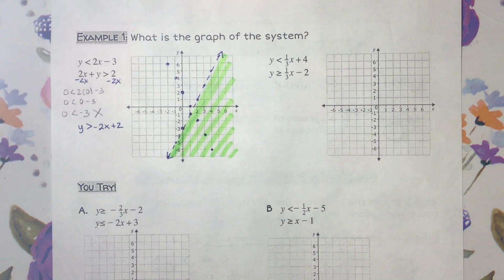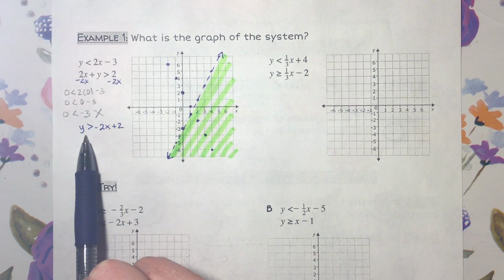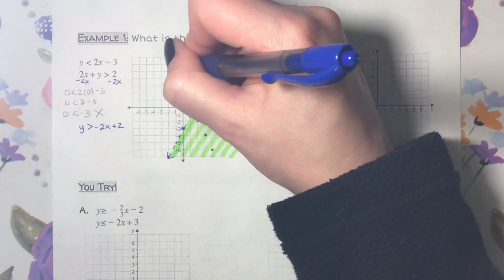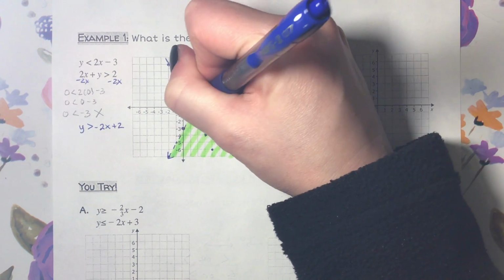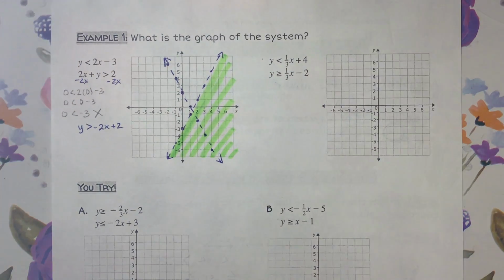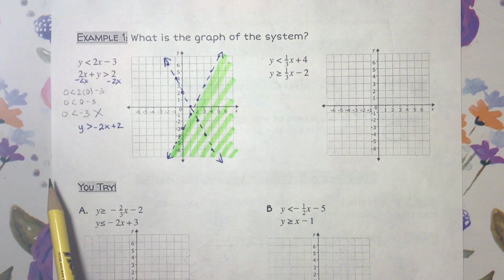Okay, now that I got my dots in, determine, is it going to be a dashed or solid line? This should be a dashed line because it's strictly greater than. So make that dashed. And finally, I need to shade. So I'm going to plug in 0, 0 into this inequality now.